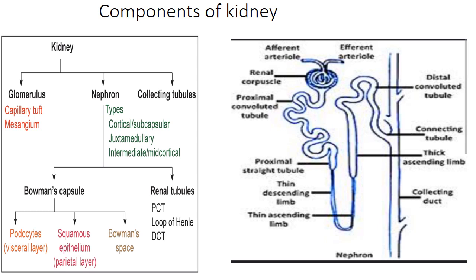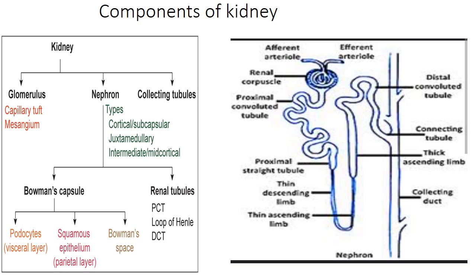And it has renal tubules: proximal convoluted tubule, loop of Henle, and distal convoluted tubule. So nephron is the basic or structural functional unit of the kidney. Apart from that, in the Bowman's capsule we have a capillary tuft with mesangial cells known as glomerulus, and the renal tubule, that is distal convoluted tubule, further continues as collecting tubule.